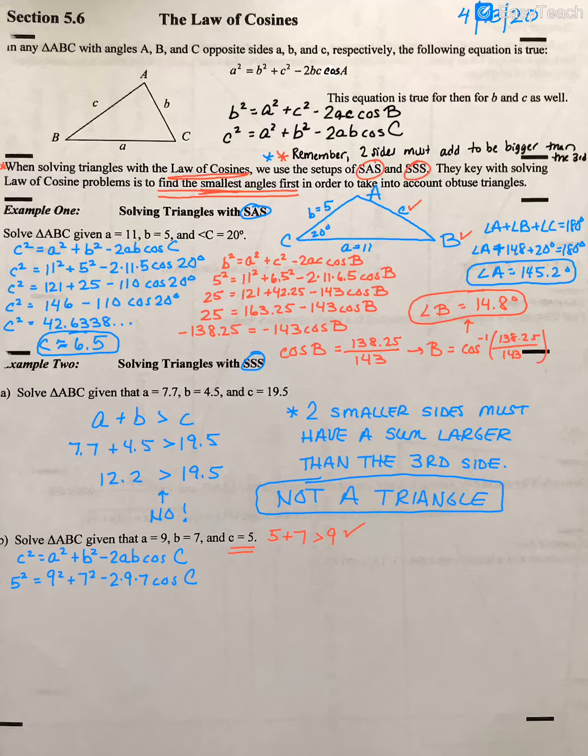Some of this could be combined into the same steps or into fewer steps. Since I'm doing this virtually, I'm definitely going to show my steps, so if you're following them, you can hopefully follow them. So 25 equals 81 plus 49 minus 2 times 9 times 7, 126 cosine of C.